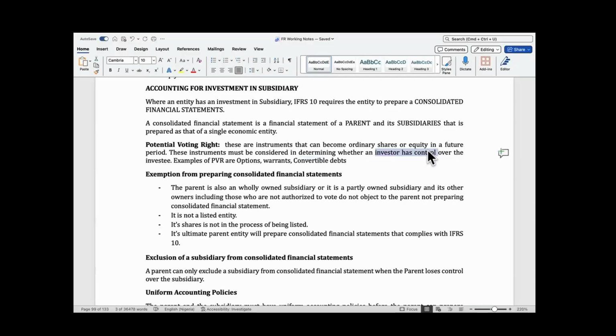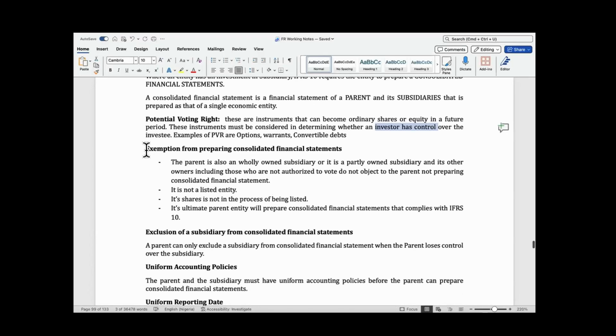If these instruments should convert in the future, will I still have control? Will I still be able to affect their variable returns? Will I still be able to hire and fire key management personnel? Will I still be able to have over 50%? So you need to consider it today. Potential voting rights is a major consideration in determining whether an entity has control or not.